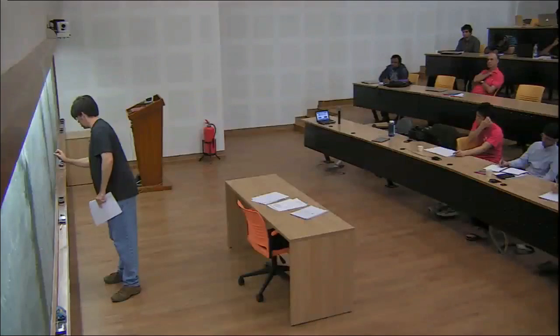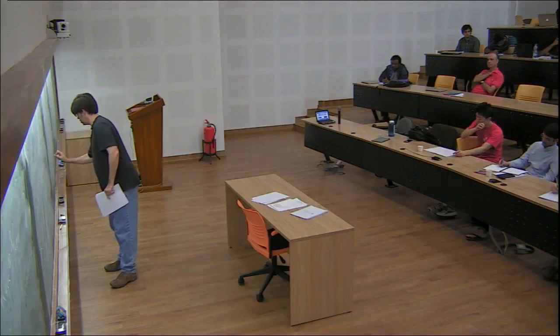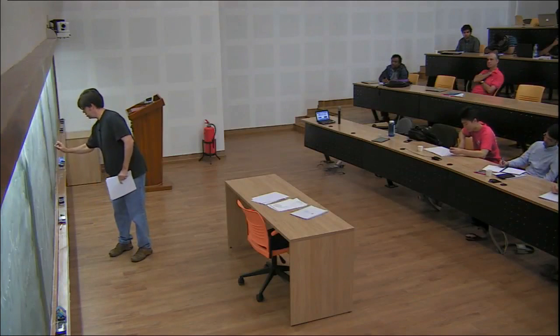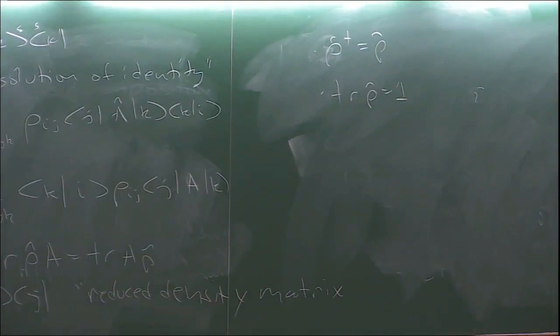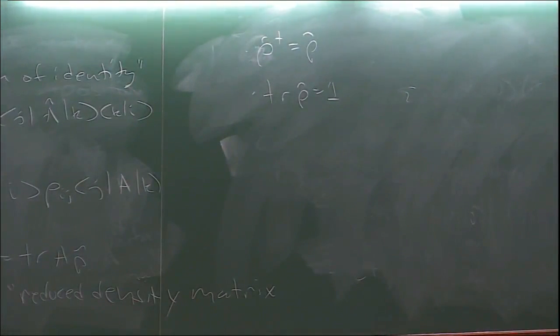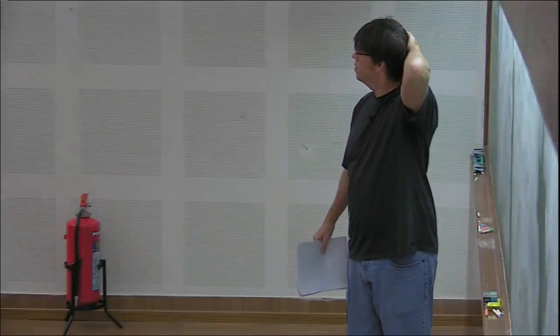And this satisfies all of the properties of a density matrix, and is sometimes called the reduced density matrix. It's the density matrix I get by taking a full quantum system and reducing it by tracing out the results of the environment in this way.